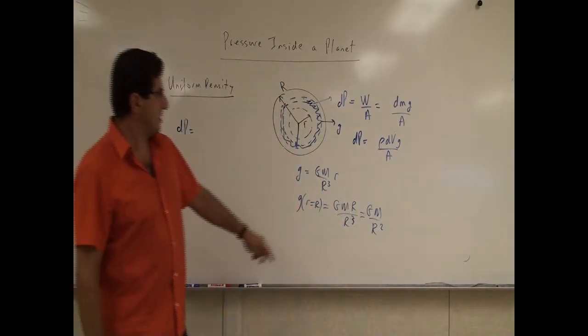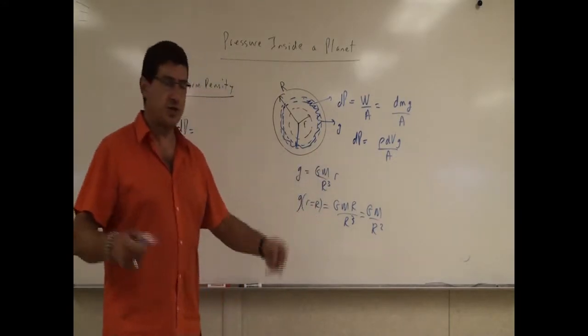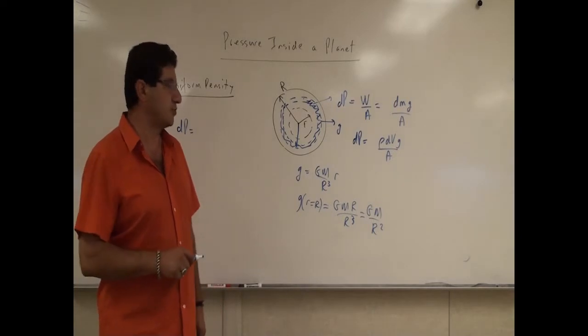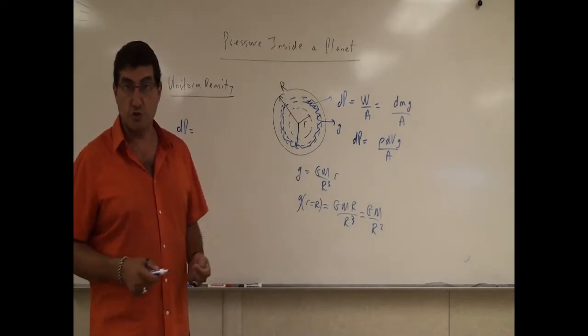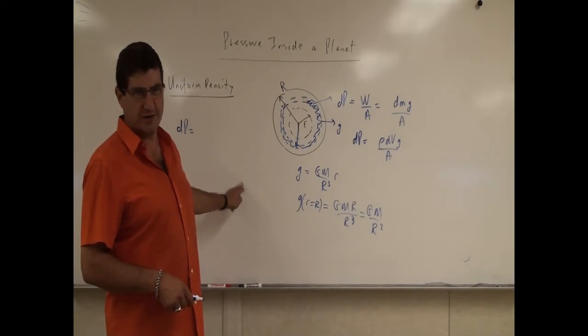So when you get to the surface, the gravitational field is simply equal to the gravitational constant G times the mass of the planet over the radius of the planet squared, which it should equal, because after that the gravitational field drops as 1 over r squared, right?